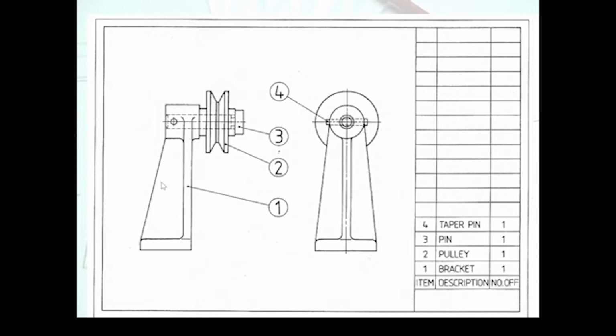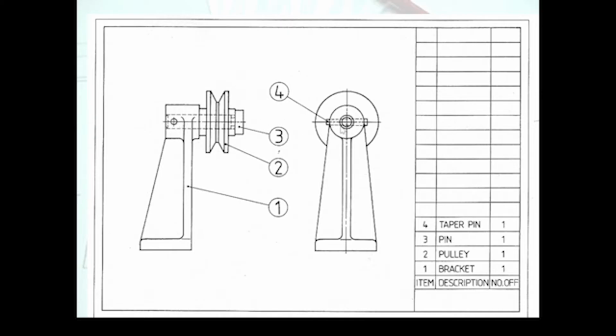We have this big chunk of metal, basically the bracket, that's a chassis for all the parts to be assembled on. Following that, we have a big pulley. That shape around there, which is also very clear from this view here, is the pulley. Following that, there is a pin that goes in to keep it all together, probably threaded in, and there is also another pin that's seen in that particular view there.